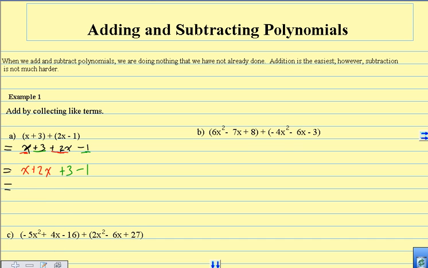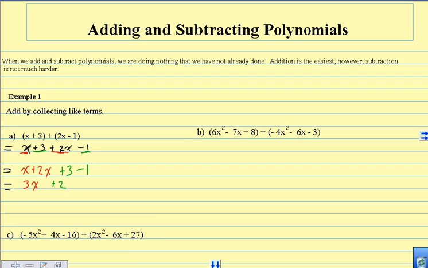So this all would become, simplifying like terms, x plus 2x gives us 3x, and plus 3 minus 1 is plus 2. Okay? Alright, now I'm going to do B, and then I'm going to leave C for you to do on your own.